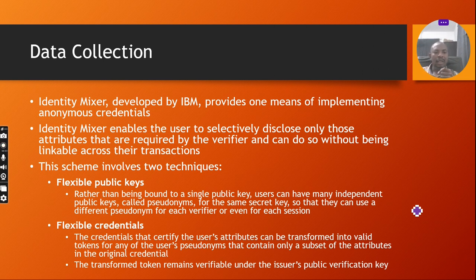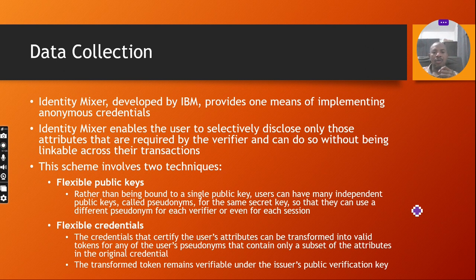Now let's take a look at the scheme. It involves two principles, what we call the flexible public key and the flexible credentials. These are the two principles that are used with identity mixer. In the flexible public keys, rather than being bound to a single public key, users can have many independent public keys called pseudonyms.